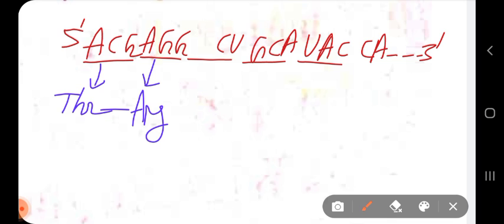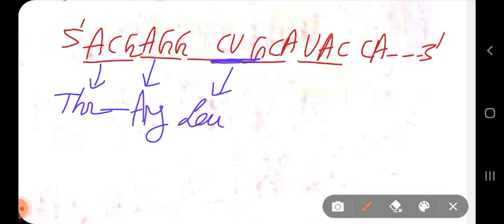Now there is no A. In place of it, now there is CUG, which codes for leucine. Previously there was threonine coded by ACU.